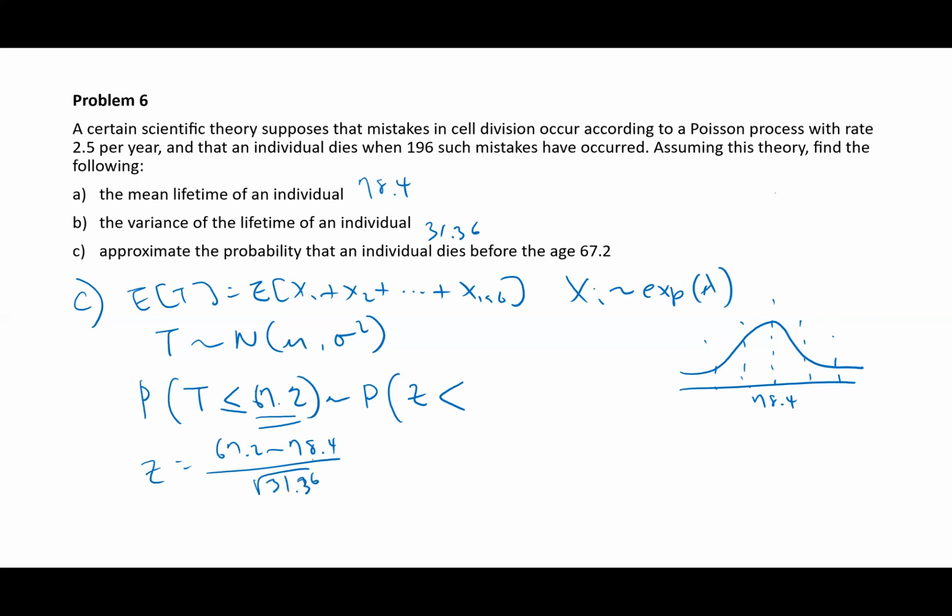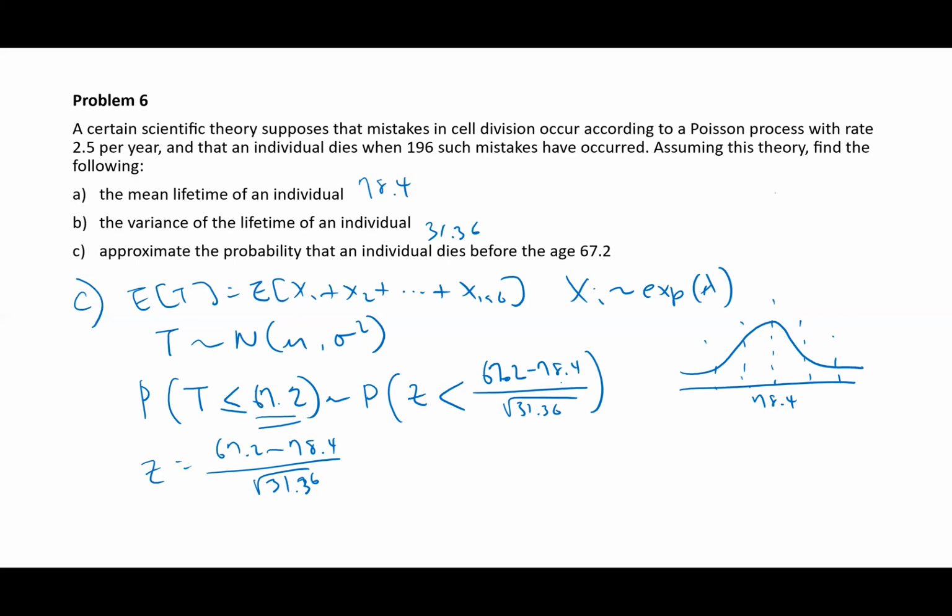31.36. Okay, you can calculate this on your own. There'll be some z value. Actually, I'll write the whole thing out over here. 67.2 minus 78.4 divided by the square root of 31.36.